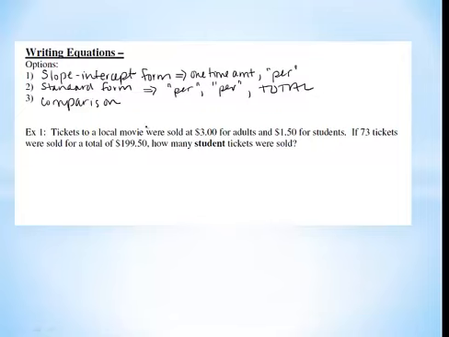So it says tickets to a local movie were sold for $3 for adults. So that's kind of like your imaginary per, $3 per adult, and $150 for students, or per student. So you notice that we've got some pers going on here. If 73 tickets were sold for a total, right, so that tells me I'm going to do standard form.